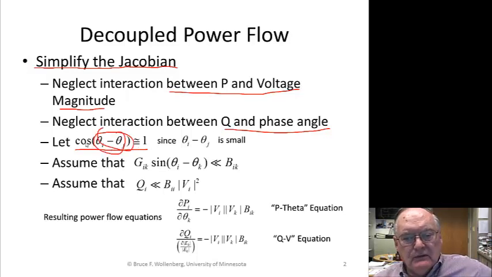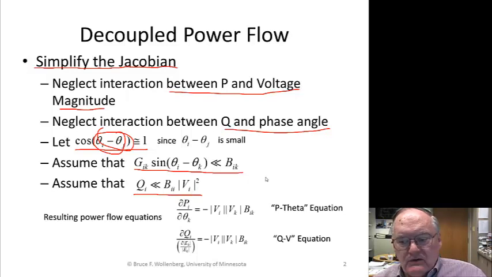And since G is small, assume that it is much less than B. B and G are the susceptance and conductance of the line admittance. And finally, we also assume that the Q is much less than the B, the B on the diagonal term of the Y matrix times VI squared.